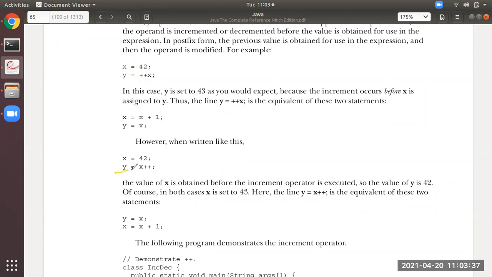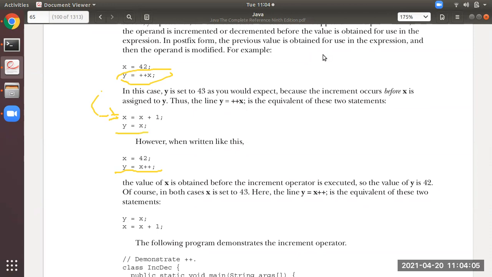Whereas over here, y equal to x plus plus means first y will be initialized with the x value as 42, then x will be incremented as 43. So remember, plus plus x is x equal to x plus 1, then assign it to y.